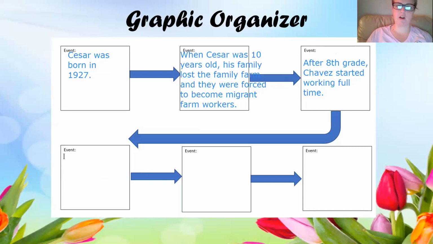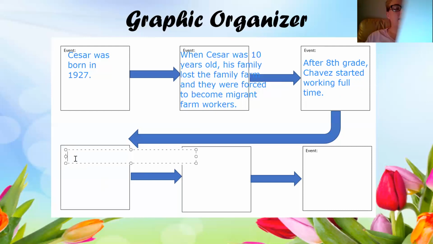So then we're going to keep our graphic organizer going down here at the bottom. So now it says, okay, this is very important. He served in the U.S. Navy during World War II. He married Helen Fabula in 1948 and eventually helped raise a family of 8 children. Chavez and his family helped teach Mexican immigrants to read and help them with voting registration. So that's going to be really hard to fit all that in this box.